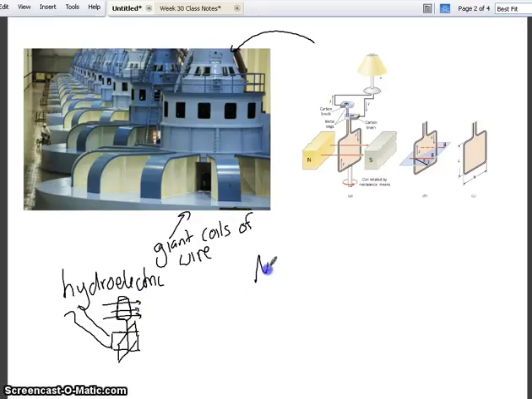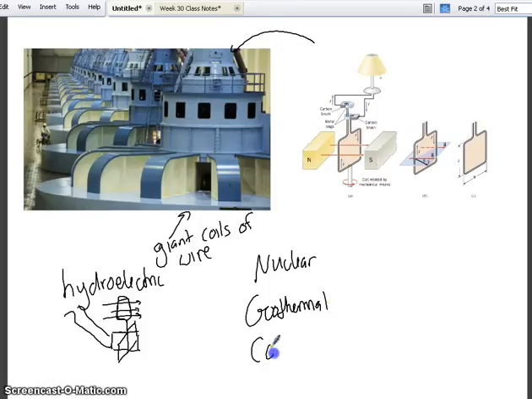Nuclear power: we are generating heat from nuclear reactions. That heat is heating something up, I believe it's just water, which makes it flow. That flow of water turns a turbine, which is just a loop of wire in a magnetic field. We have geothermal power, which is the same thing. We heat up water, that water flows, causing these things to rotate.